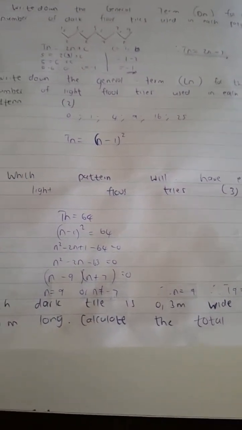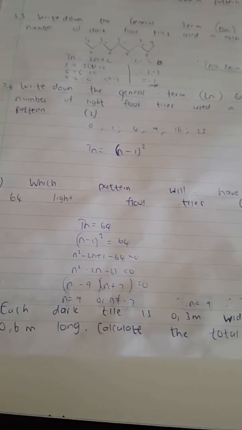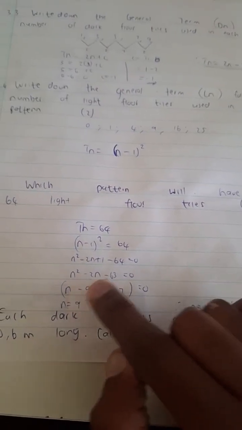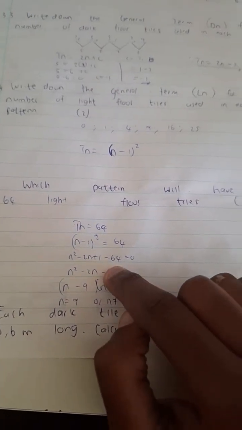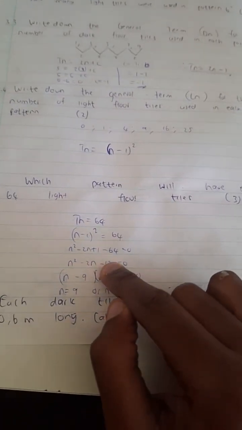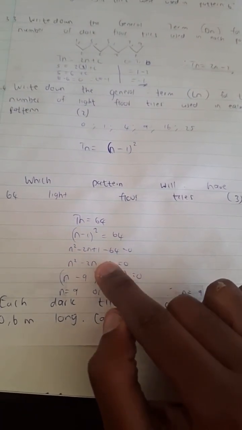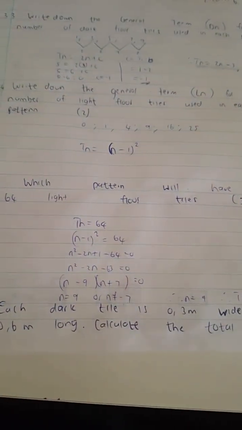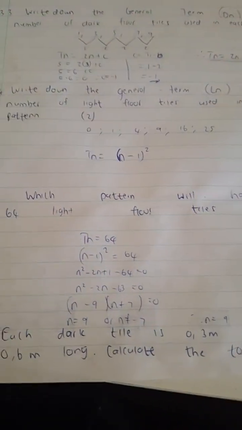So that works out nicely. -9 plus 7 gives me -2, whereas -9 times 7 gives me -63. So the product needs to give me -63, and the addition needs to give me -2.